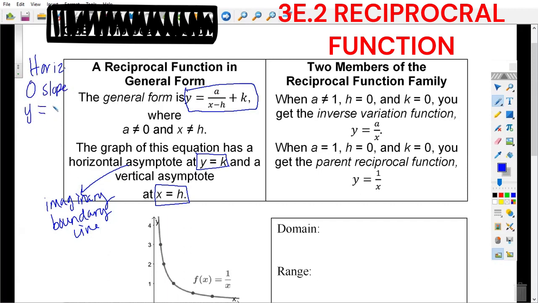So y equals a number is a horizontal line. Y equals 0, y equals 2, y equals 3, y equals 4. Those are all going to just be horizontal lines, right? VUX, that's a vertical line. Its slope is undefined. So the slope of a vertical line is undefined, and the equation is always going to be x equals a number.